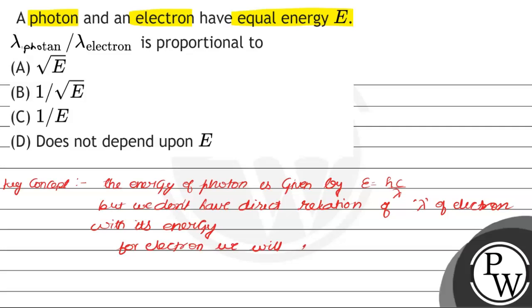This is lambda equals h upon p, where h represents Planck's constant and p represents momentum of electron. In other cases, p is known as momentum of the particle. So lambda of electron is written as h upon p.